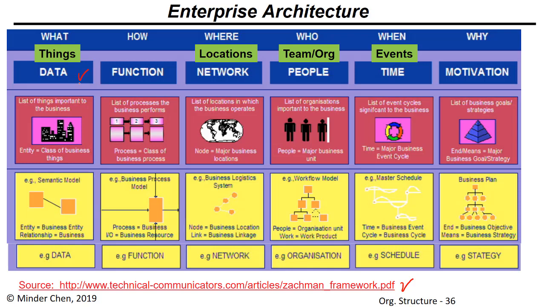First of all, they describe 6 dimensions, which are data, information, function or processes that an organization needs to engage in, network, which is really related to location, where you may be located, and you need a network to connect those locations, and the people aspect, which is the organizational unit, the team, and eventually the organizational structure, and the time dimension, which is when certain things need to be done, that I will call event.